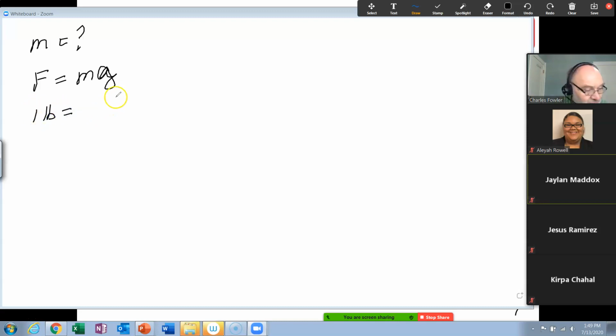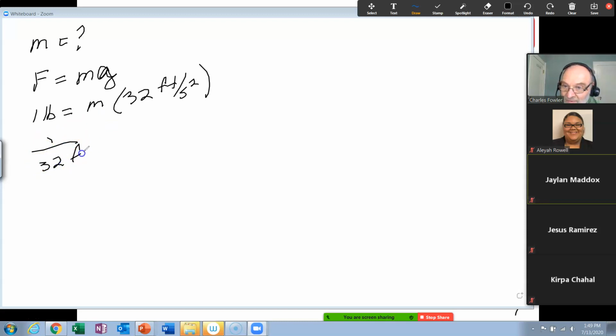is equal to the mass, that's what we're looking for, times the acceleration due to gravity. Now, the acceleration due to gravity is approximately 32 feet per second squared. So to get this, you take 1 pound, divide it by 32 feet per second squared, and that gives you how many slugs.